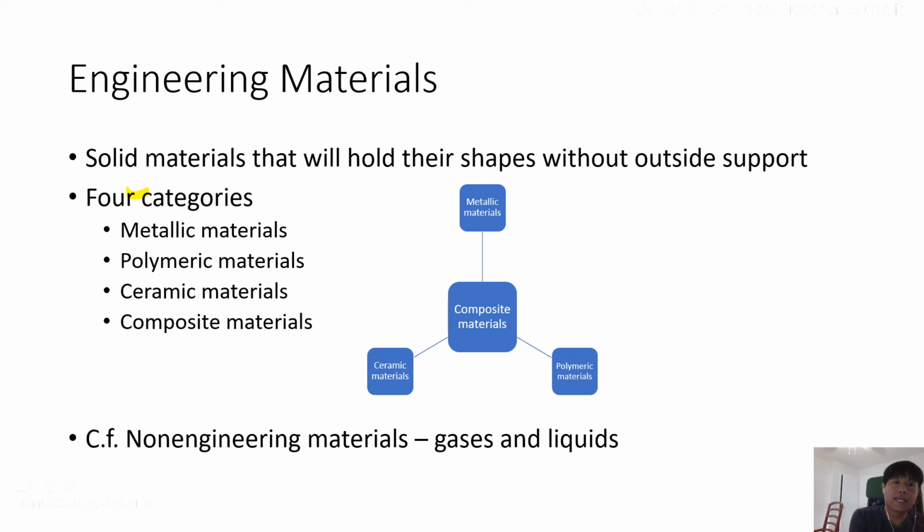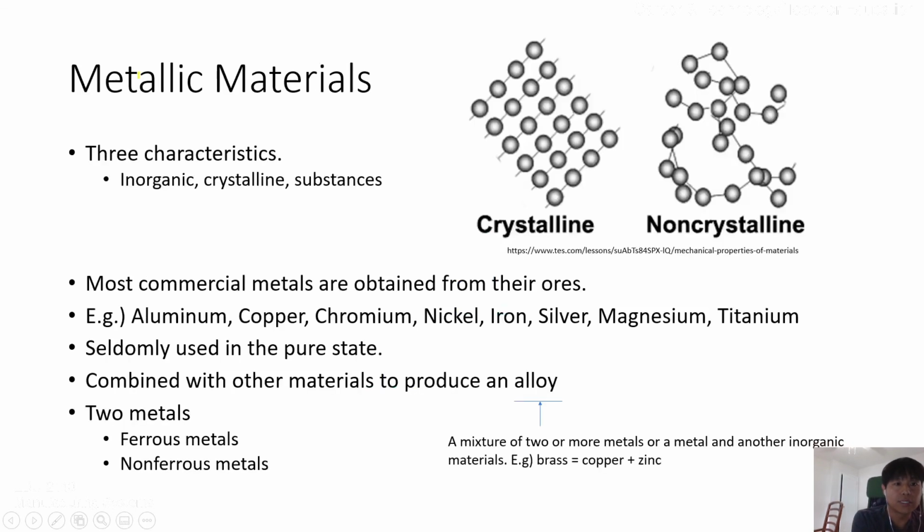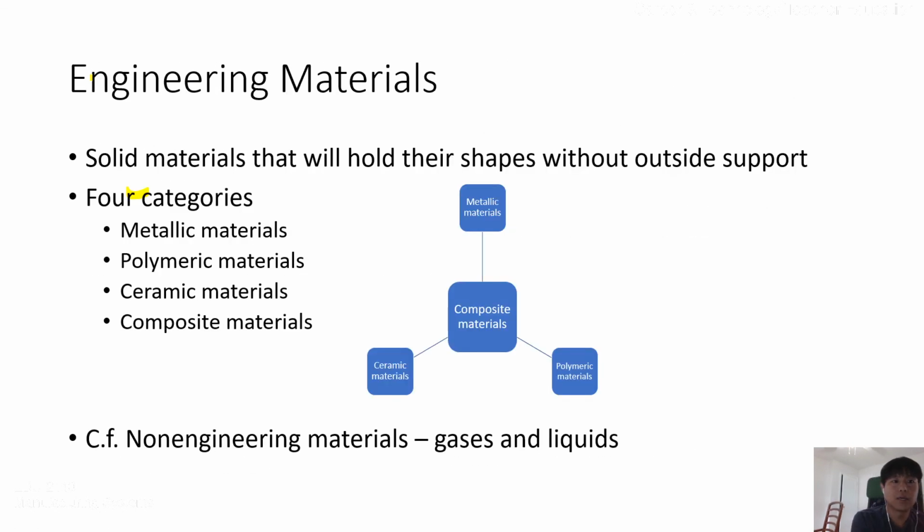Engineering means human-made, so engineering material is human-made material. We can use resources from organic or inorganic sources, but engineering material means we convert the resources into a secondary product.